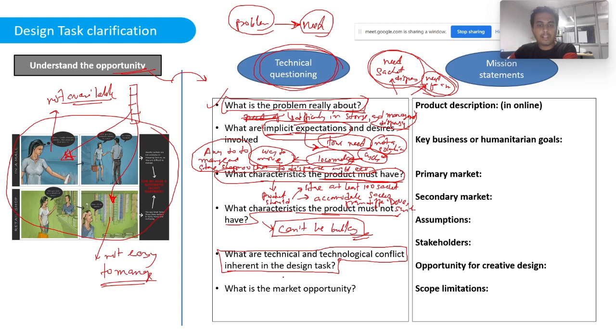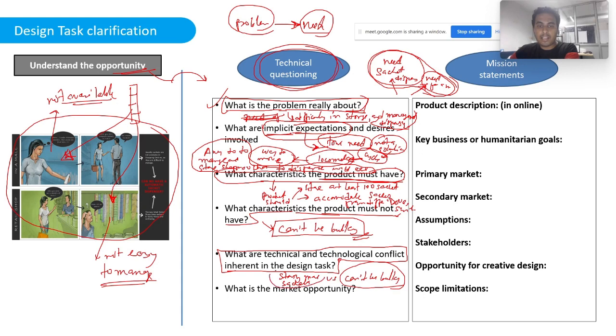Okay, so you are right. Actually, here we have two contradictory needs. One is storing more sachets versus it cannot be bulky. So now we need to compromise.